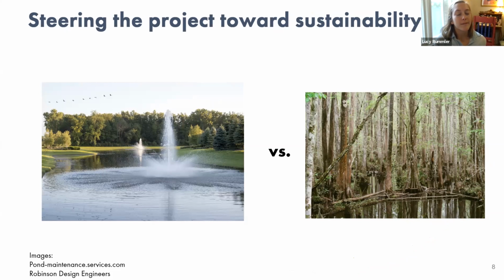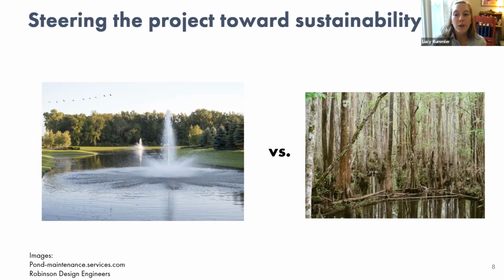But a solution like this is a really unsustainable system, because it requires constant maintenance input, and it provides very few ecosystem services. So my collaborators and I tried to encourage the city towards these bioregional landscapes that are really effective at mitigating flooding.